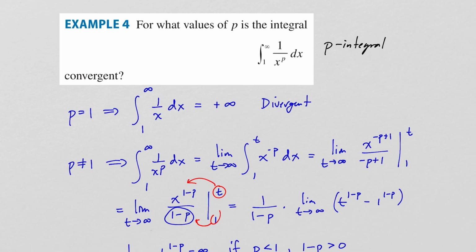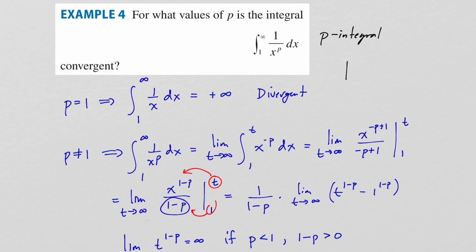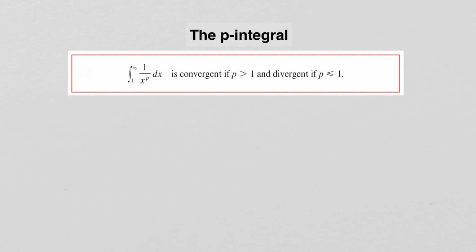So the answer to the original question is p must be greater than 1 for the p integral to converge. So the conclusion of the work on the previous page is that the integral of 1 over x to the p from 1 to infinity is convergent if p is greater than 1, and divergent if p is less than or equal to 1. We'll want to remember this result for sequences and series later on in the course.